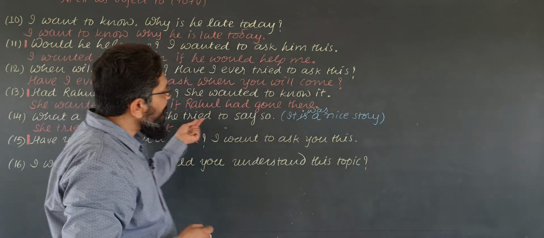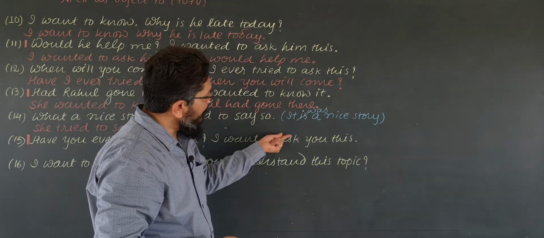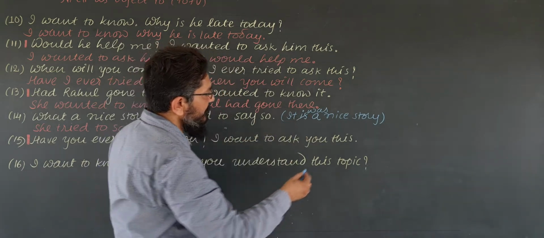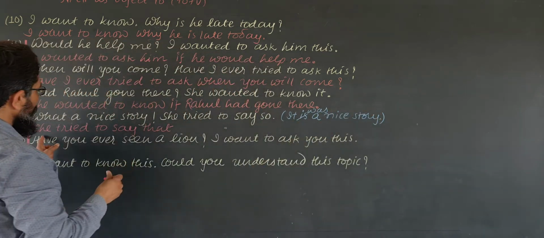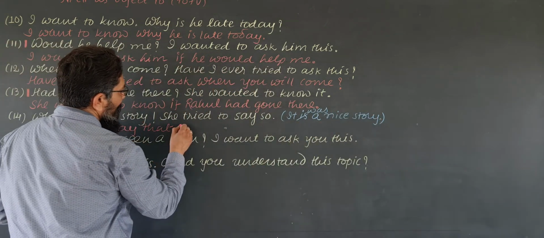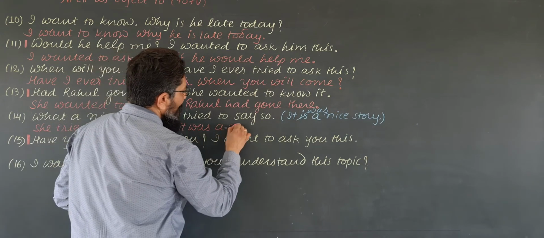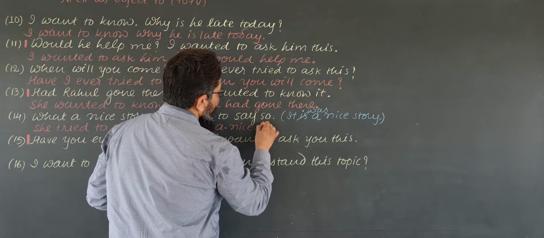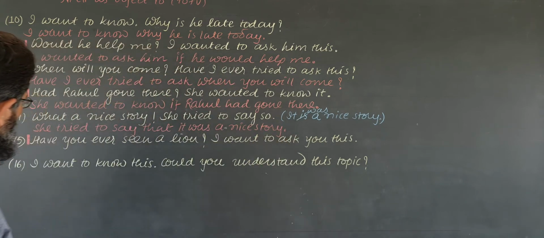She tried is there, so what do I put? Was. It was a nice story. Now see, this is going to be the subordinate clause. I will write it here. She tried to say that it was a nice story. Full stop.